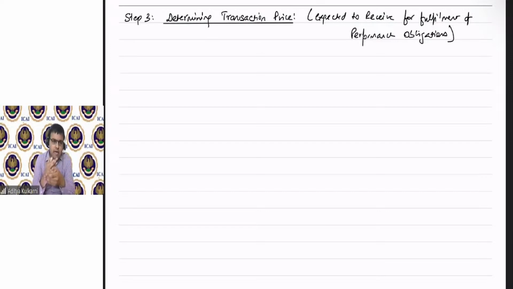Why did we do that? Because though I'm selling something for 15 lakhs in layman terms, actually I have 3 obligations to fulfill. And those 3 obligations are separately identifiable obligations. And that is why I expect 15 lakhs as a combo offer for all the 3.